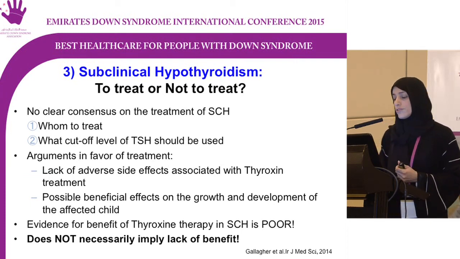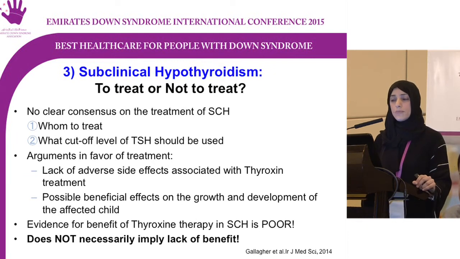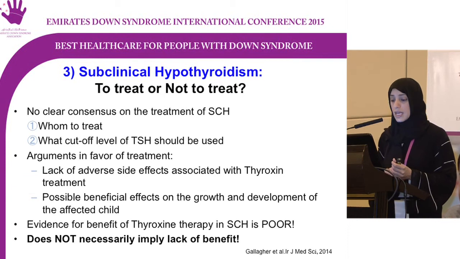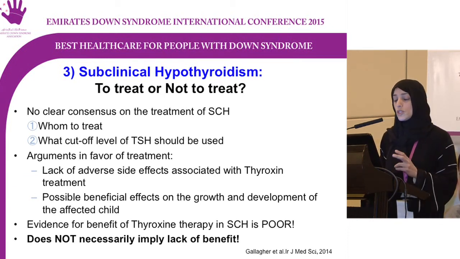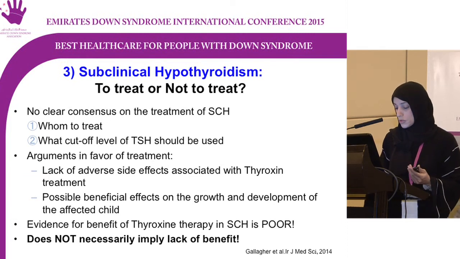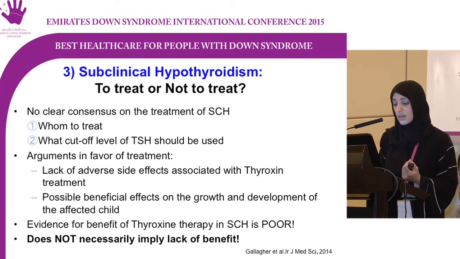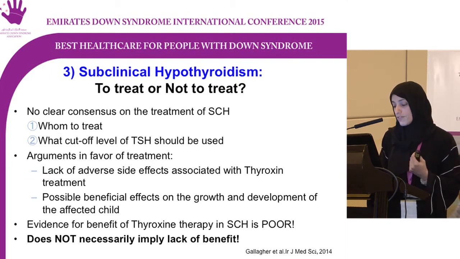So we have to agree that for treatment of subclinical hypothyroidism, as of today, there is no clear consensus on which of these patients really need treatment and what cutoff level of TSH should be used. The argument in favor of treatment, as we discussed before, is that there is no lack of adverse side effects from the thyroxine itself, and there is a possible beneficial effect on the growth and development of the affected child.